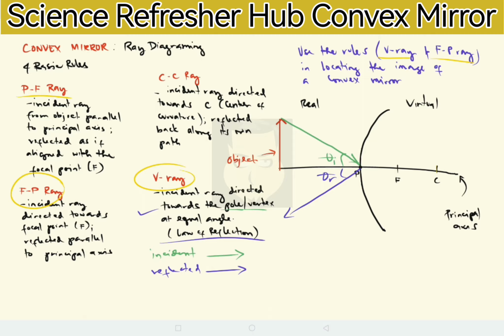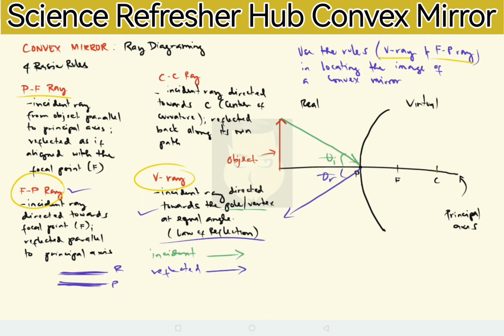All right, next we need to do the FP ray in locating our image here. The incident ray is directed towards the focal point F and then reflected parallel. When we say parallel, the lines are not intersecting. So if this is our principal axis and this is our reflected ray, for example, they're parallel.